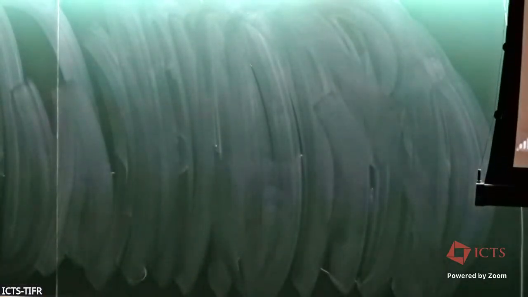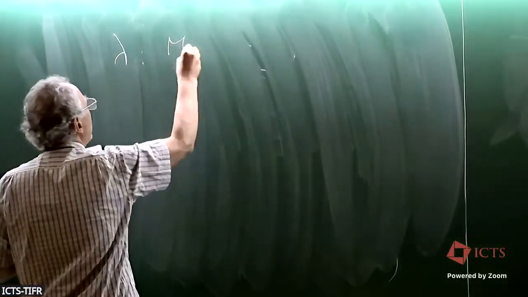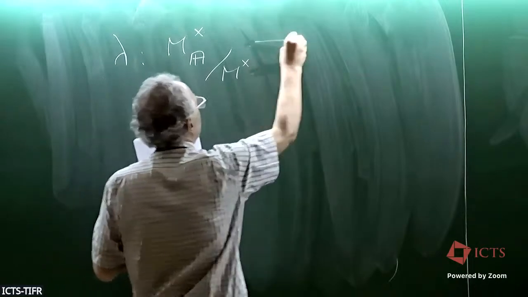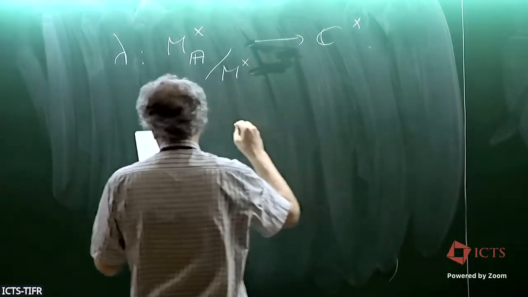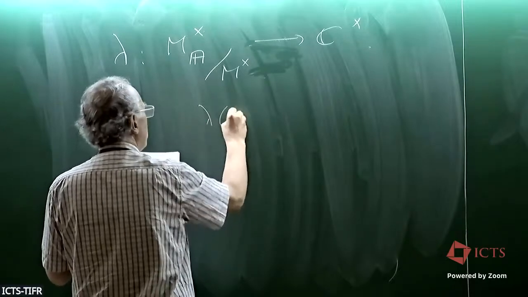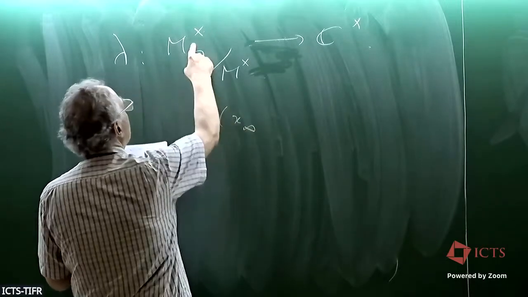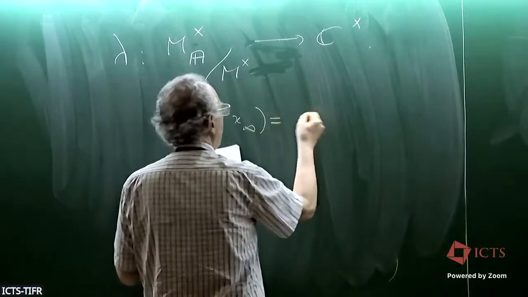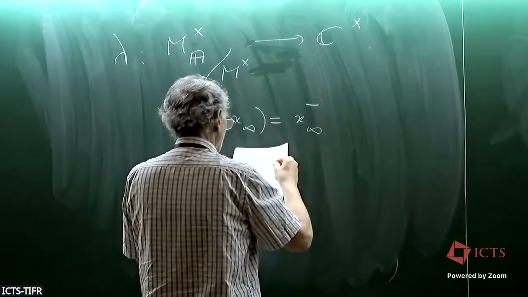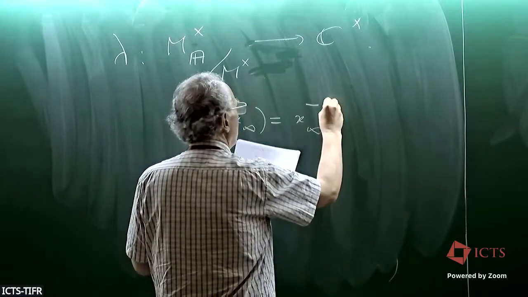So we consider a Hecke character of M from the Idele classes, such that at infinity, the component at infinity is algebraic. It is given by x_infinity to the minus eta.